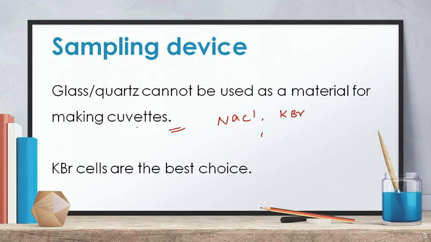For making cuvettes we may not use glass or quartz; we use sodium chloride or potassium bromide salts because they are transparent in this region. These cuvettes are simply called IR windows.